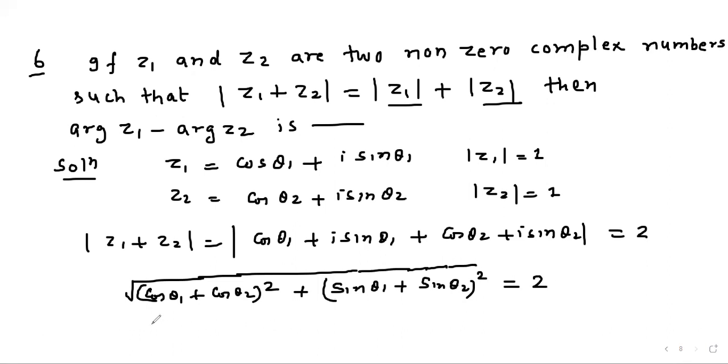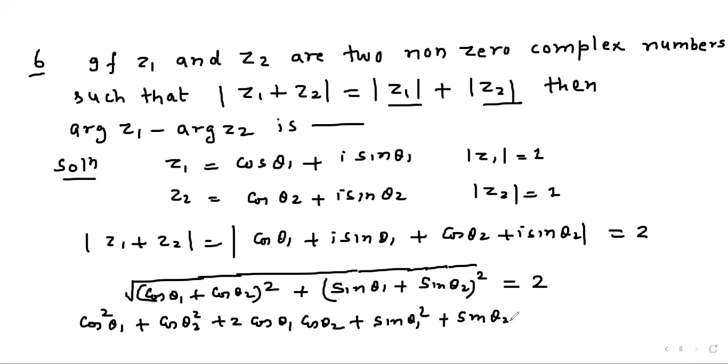We can square it. So on squaring we get cos theta 1 square plus cos theta 2 square plus twice of cos theta 1 cos theta 2 plus sin theta 1 square plus sin theta 2 square plus twice of sin theta 1 sin theta 2 equal to 4.